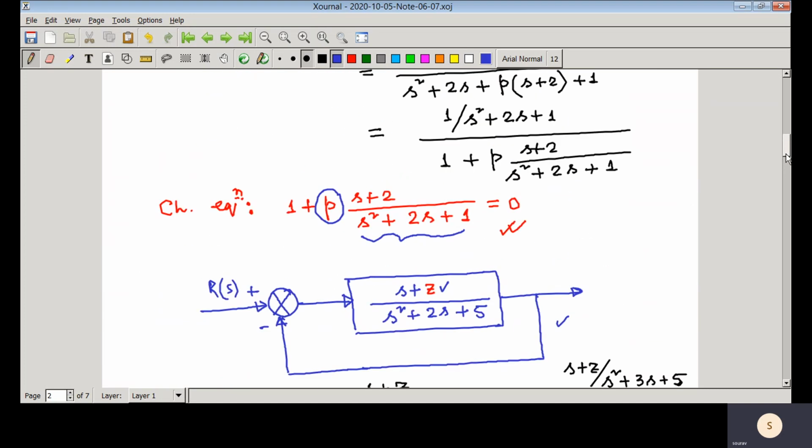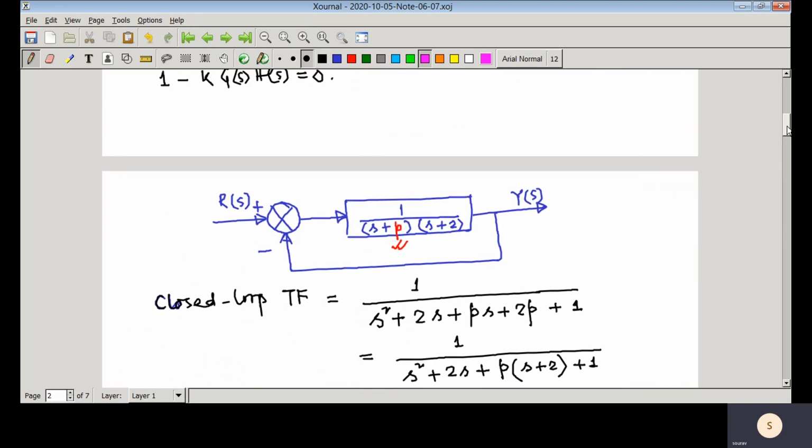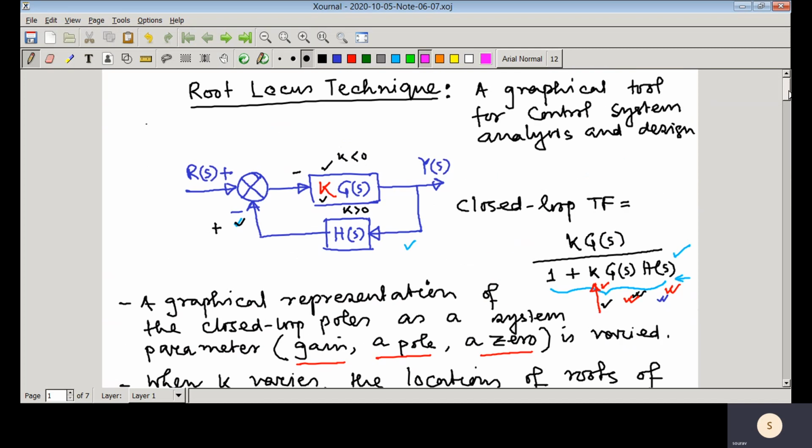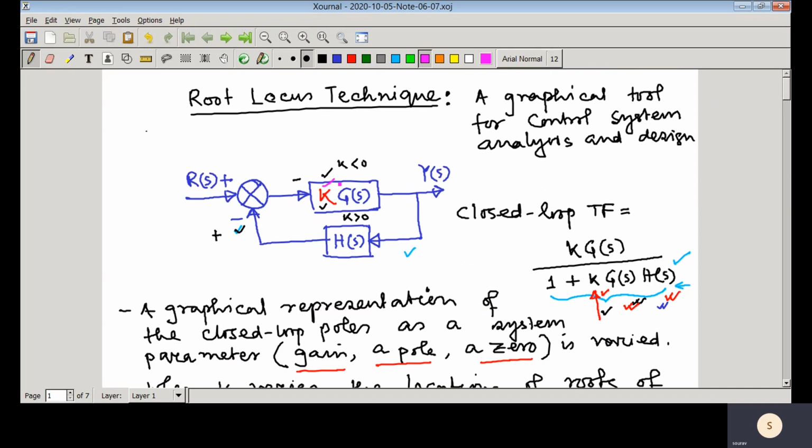When 0 is varying, this is that situation, and here we can say that a pole is varying, and in this case a parameter is varying.